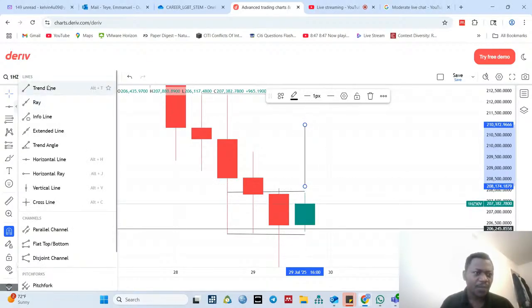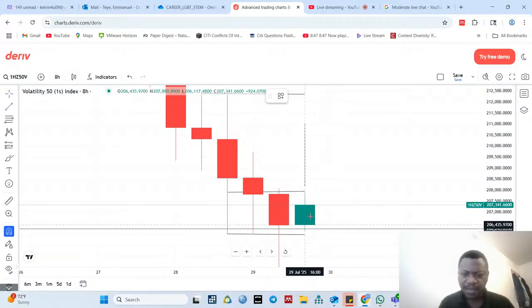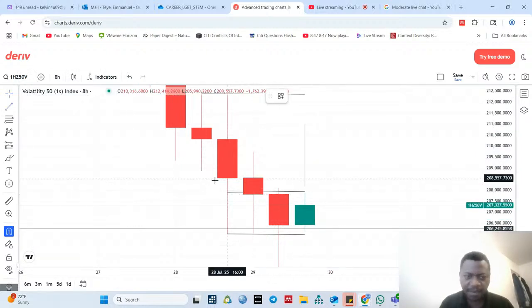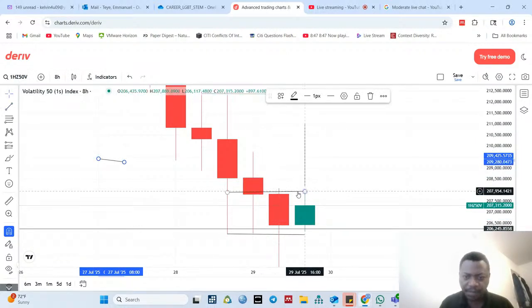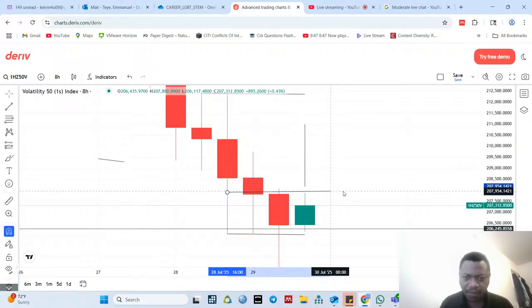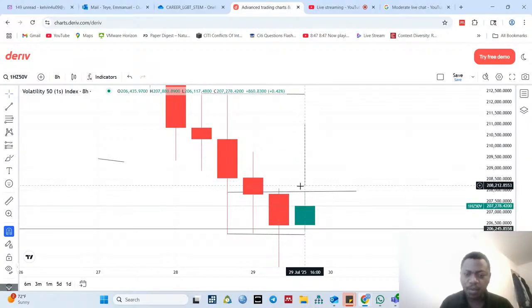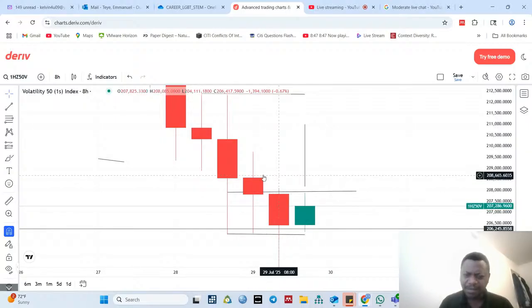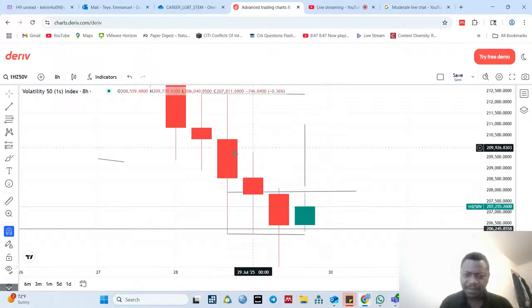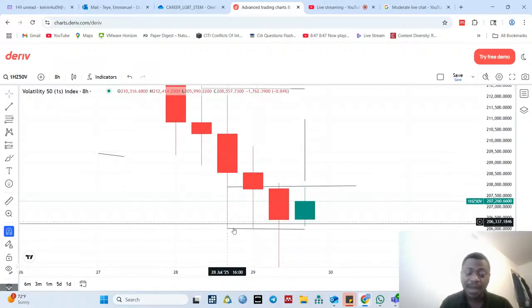So a proper confirmation to buy would be if this bullish candle is able to engulf or is able to close above the body of this previous candle, if it's able to hit this area and then close above it, then I can have a confirmation that this pattern is trying to create some kind of a pullback or a reversal.